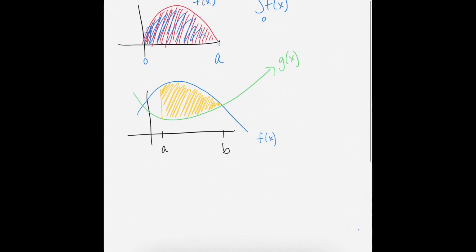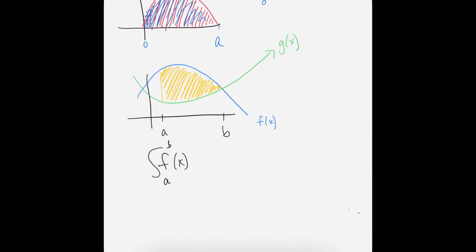All right, so let's think about this just logically speaking. If I was looking just at f, for the area under the curve between A and B of f, we would say integrate from A to B of f, right? Makes sense based on what we learned at the beginning of the year. What if I wanted the area that was under g? Keep in mind the area under g is this area right here.